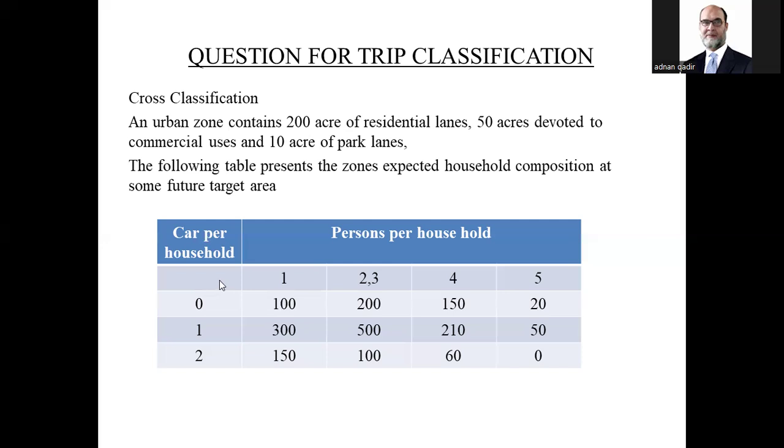It says that for cars per household 0, the household having one person is producing 100 trips. 2 to 3 persons, it's 200 trips. 4 persons having no car are getting 150 trips, and 5 persons are producing 20 trips.